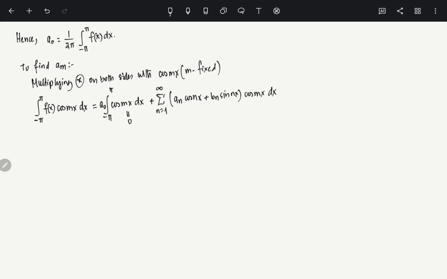We are multiplying by cosine mx on both sides. So the a naught part is 0, because the integral from minus pi to pi of cosine mx dx is going to be 0.